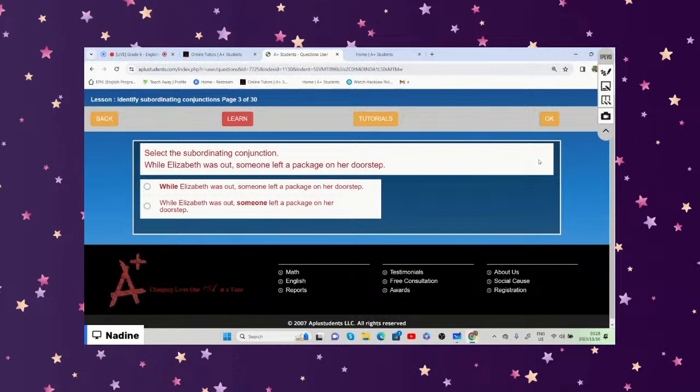While or someone. And remember, the subordinating conjunction introduces the dependent clause within that sentence.